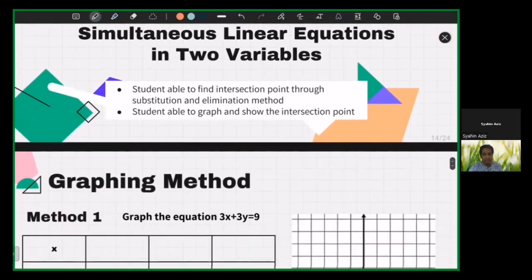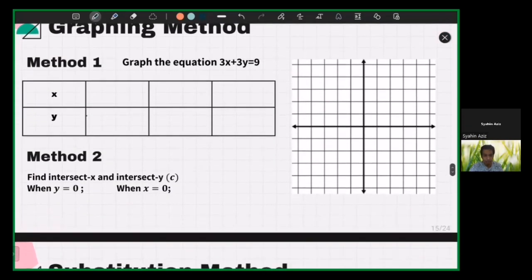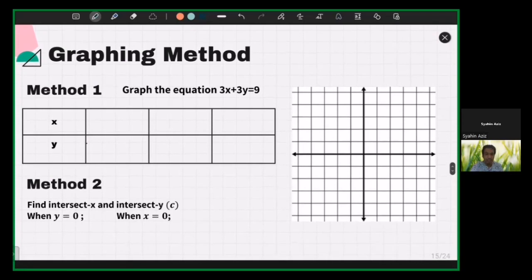By graphing method, we can find the intersection point also. There are two methods in graphing. The first method is by using the table. So x = 0, 1, 2, we get the value. 3x, so 3(0) + 3y = 9, so we get y = 3.